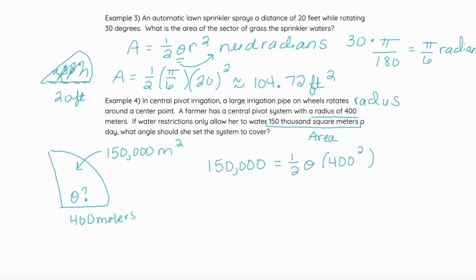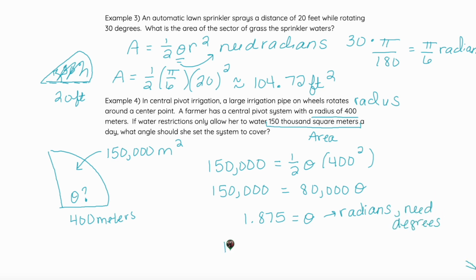Starting to solve for theta here, 150,000 is equal to 400 squared times half, which is 80,000 times theta. Divide both sides by 80,000. I have 1.875 is theta. So this is radians, right? Theta is in radians. We need degrees.